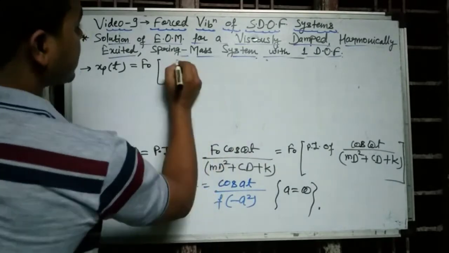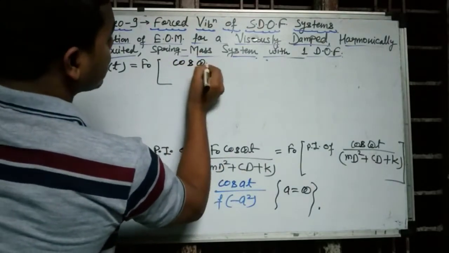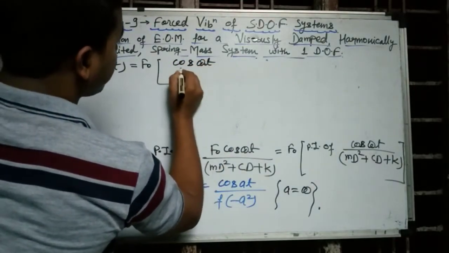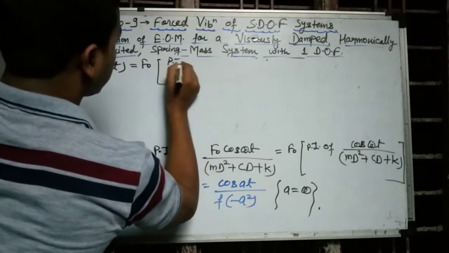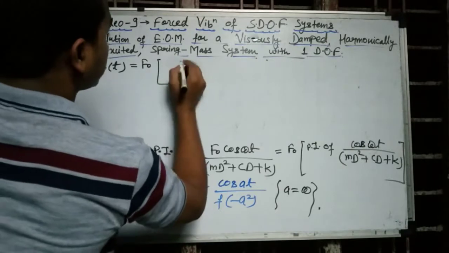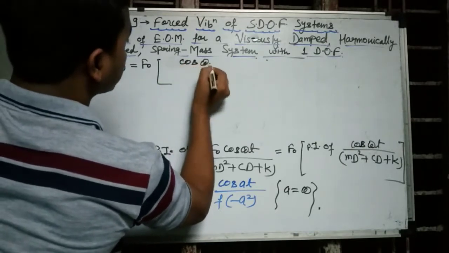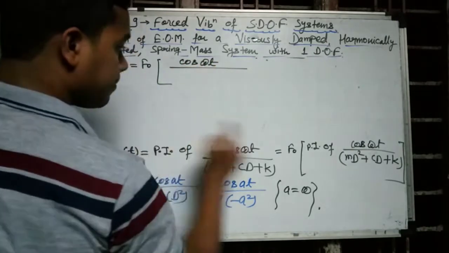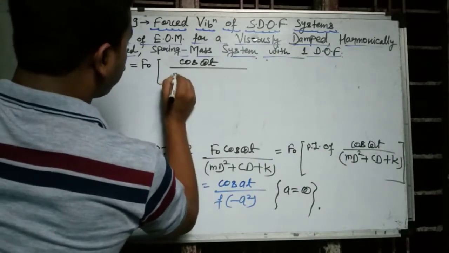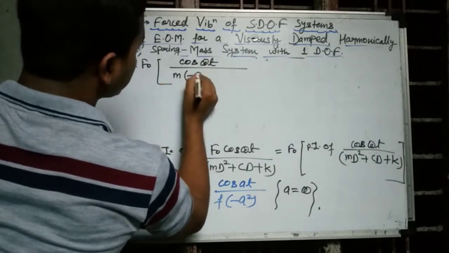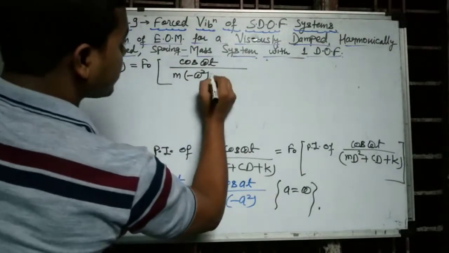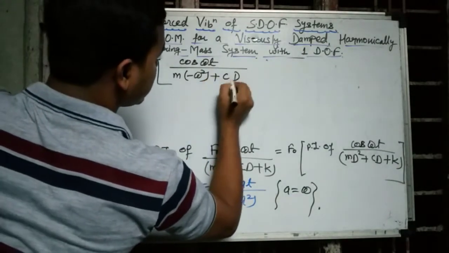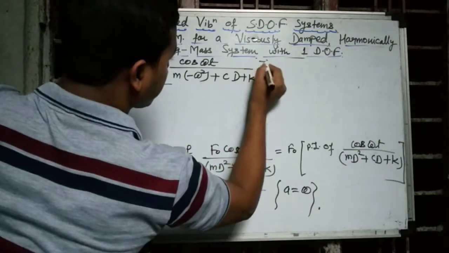So the particular integral of this will be cos omega t by m into minus omega square. Instead of d square I should write minus a square, that is minus omega square only, plus c d plus k.